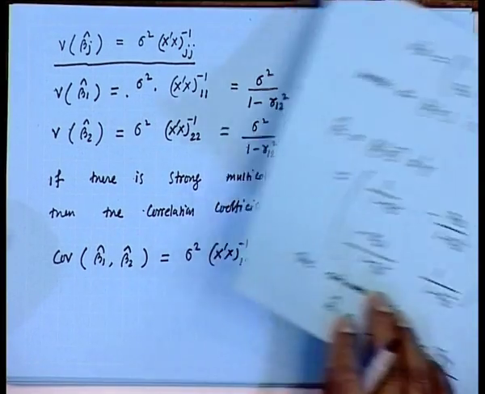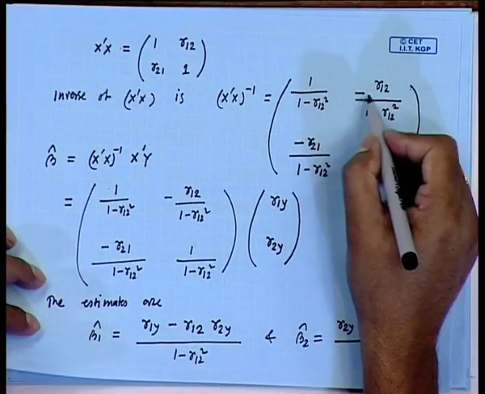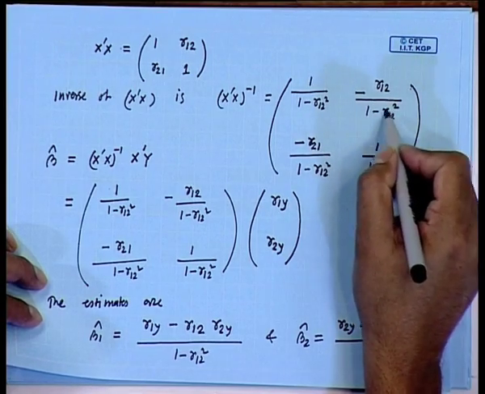So, what is the 1-2th element or 2-1th element? That is minus R12 by 1 minus R12 square.